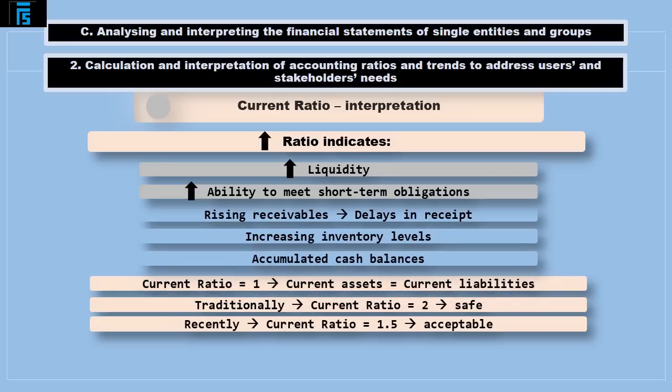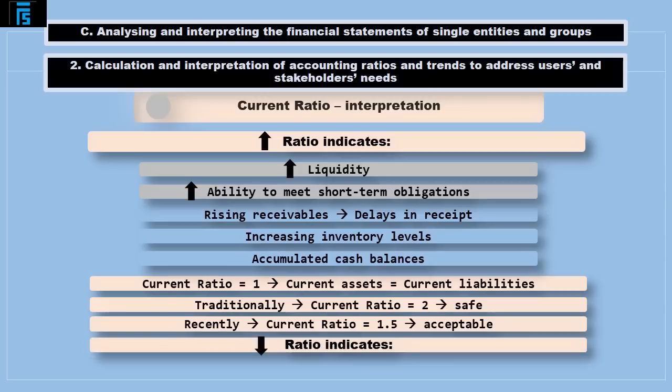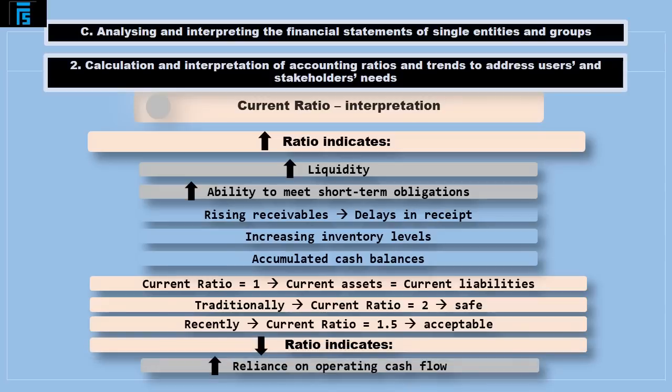An abnormally high current ratio may also reflect the accumulation of high cash balances, which could potentially be put to better use. A lower ratio indicates less liquidity, implying a greater reliance on operating cash flow and outside financing to meet short-term obligations.